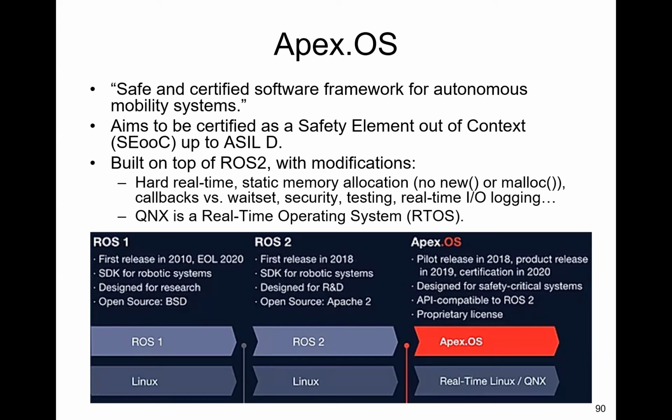So it's built on top of ROS 2, but added a few modifications such as hard real-time, static memory allocation with no new or malloc, which can cause problems at runtime, and a few other features, and based on real-time Linux or QNX for the operating system.